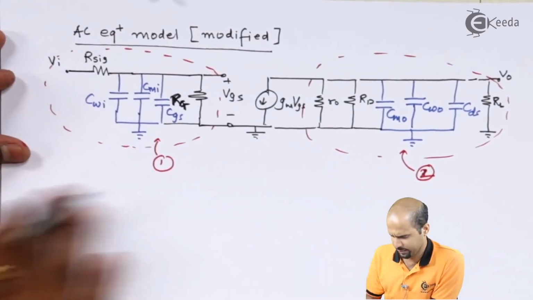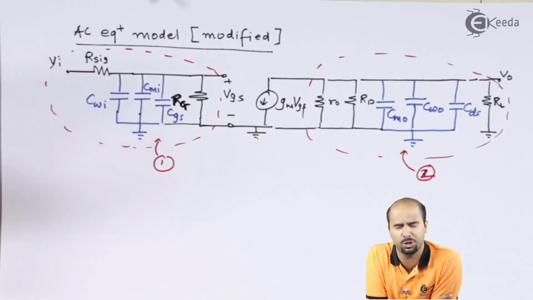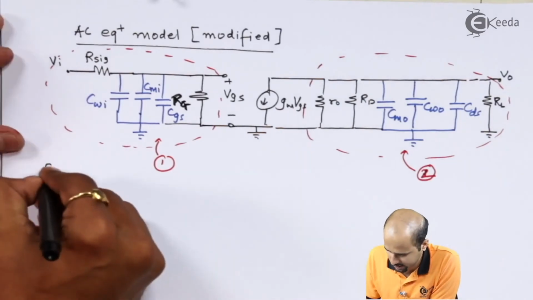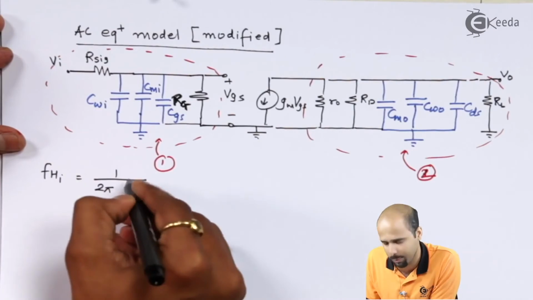The very critical thing is how to calculate the value of C and how to calculate the value of R, because we all know that F is 1 upon 2 pi RC. So FHI is 1 upon 2 pi Ri Ci, with resistance Ri and capacitance Ci at the input side.